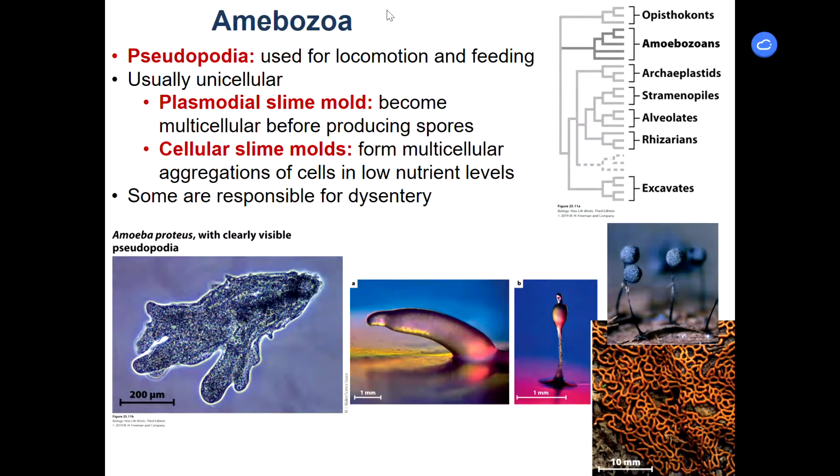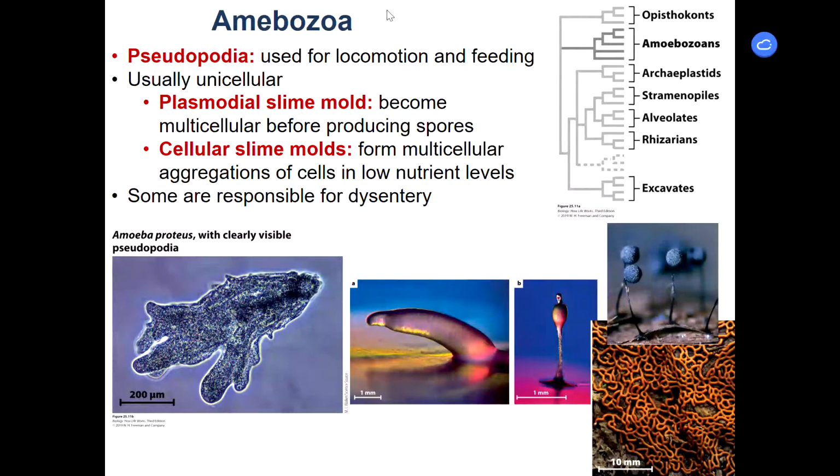In cellular slime molds, this clear-looking organism, they form multicellular aggregations when there are low nutrient levels, which makes them easier to move through the environment to find food. Some cellular slime molds also produce little clusters of multicellularity that produce spores.